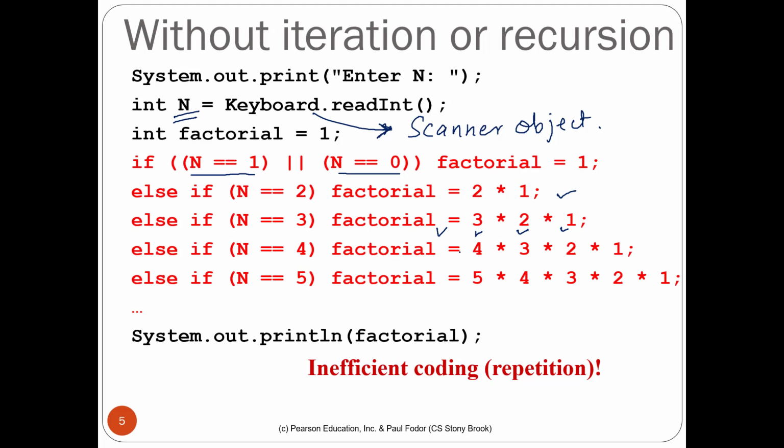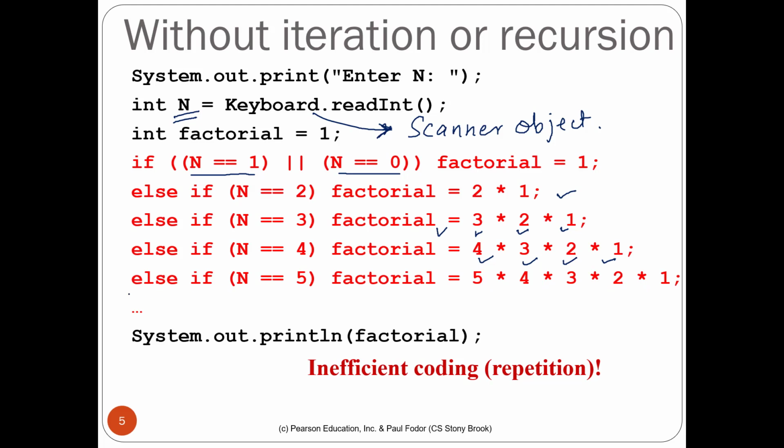And in case n happens to be 4, do 4 into 3 multiplied by 2 multiplied by 1. If n is equal to 5, similarly you can compute factorial 5 as 5 into 4 into 3 multiplied by 2 multiplied by 1.